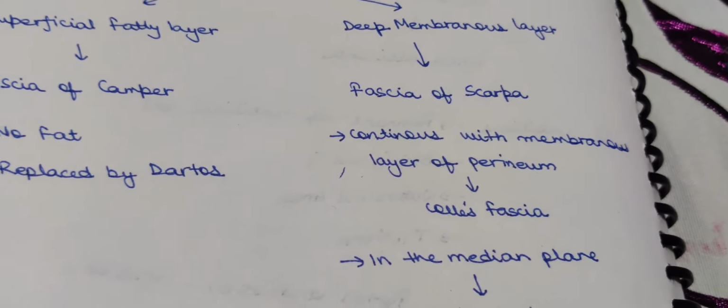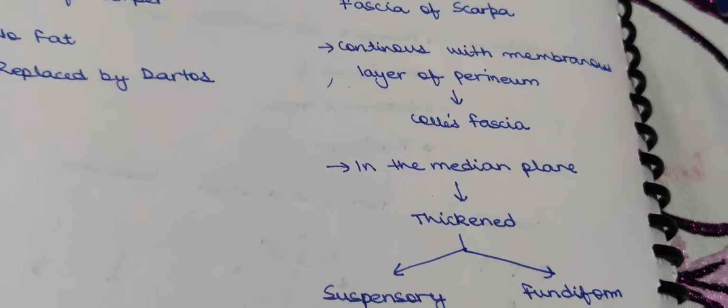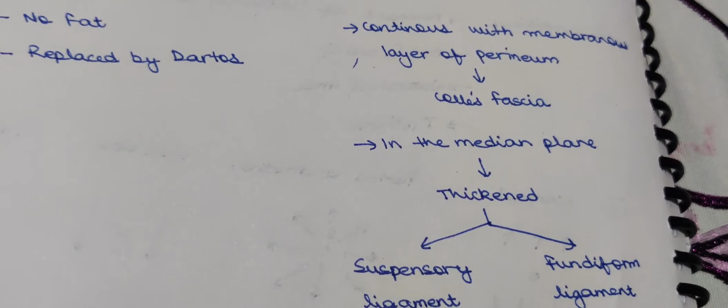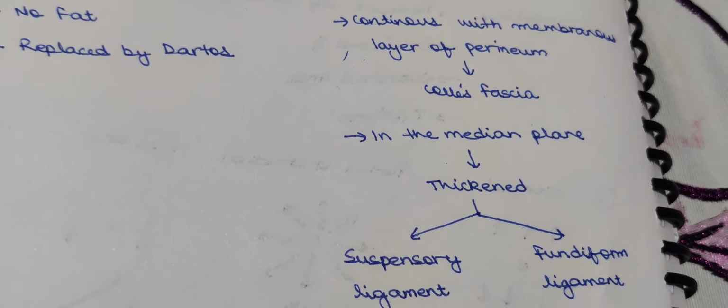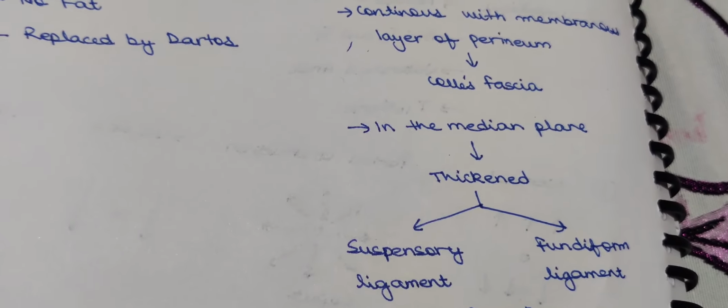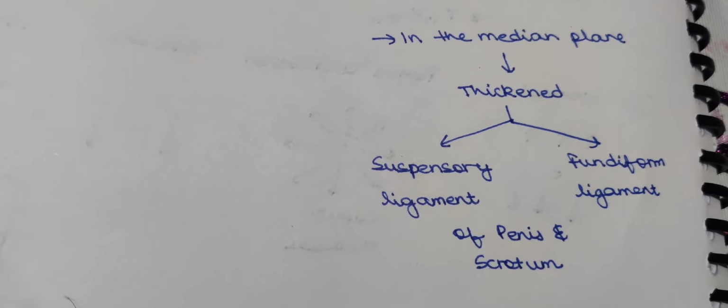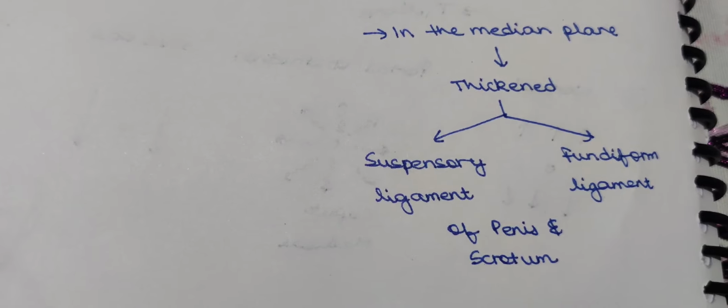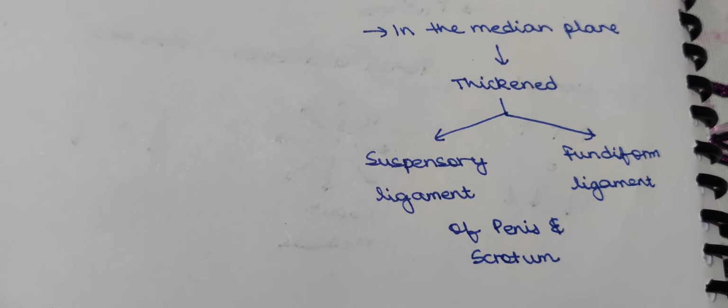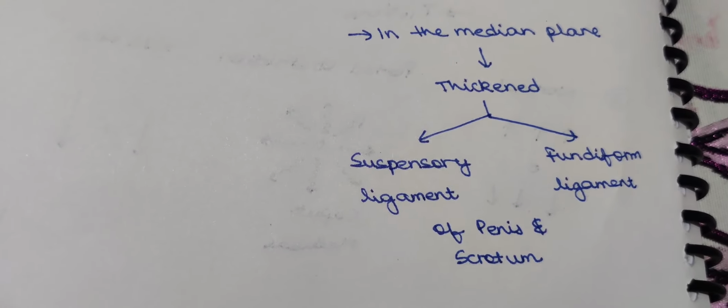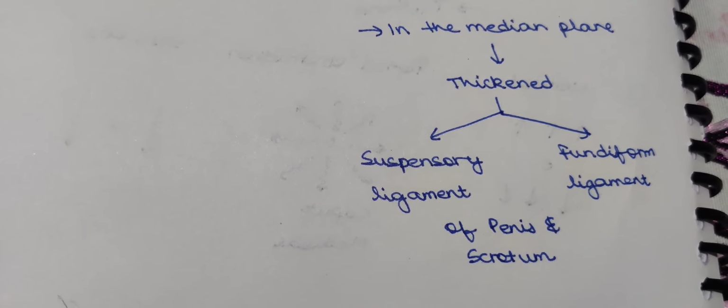Then we have deep membranous layer, which is known as fascia of Scarpa. It is continuous with the membranous layer of perineum, and there it is known as Colles fascia. In the median plane of the anterior wall, it is thickened to form two ligaments, which are suspensory ligament and fundiform ligament of penis and scrotum.